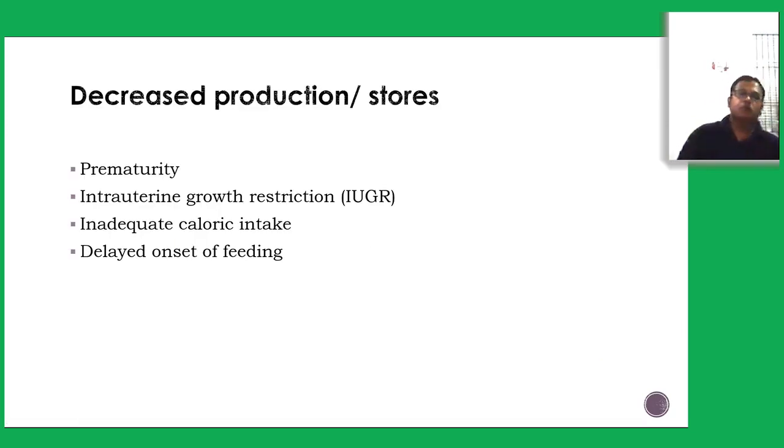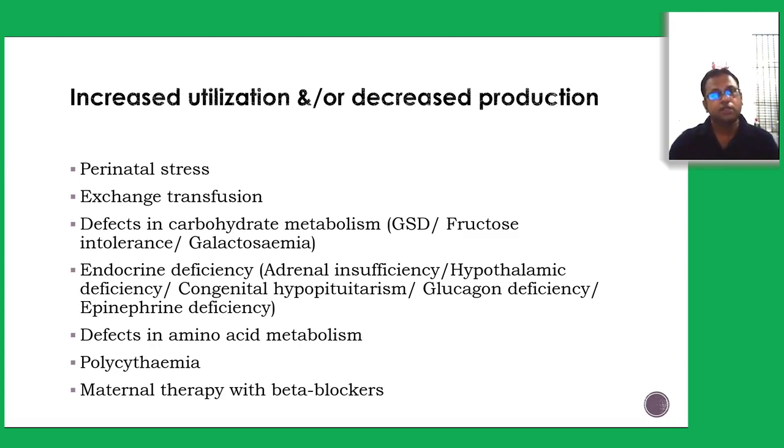So decreased production and associated hypoglycemia is seen in conditions like prematurity and IUGR, inadequate feeding or calorie intake, and if there's a delay in onset of feeding. And there is another list of causes where you see both in combination, increased utilization plus or minus decreased production.